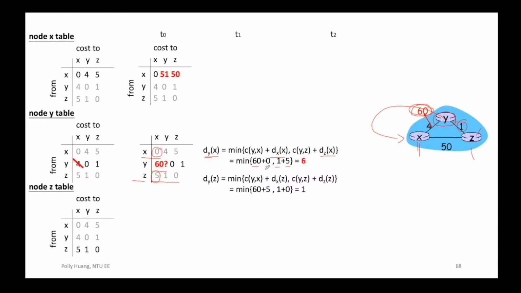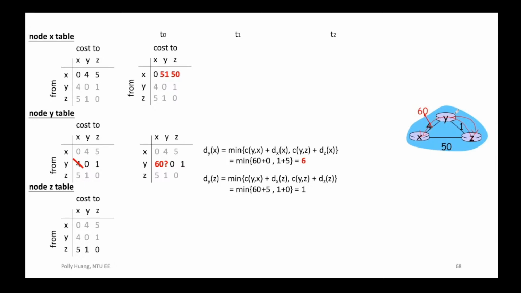And the Bellman-Ford equation says compare 60 to 6, and that is actually going through z. So y is going to pick, to go to x, let me send it to z first. And then z says, I know a way to x, which is this way.